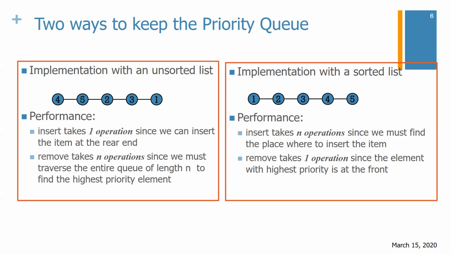Why? Because when we remove elements from the list, we remove directly from the front without any traverse. We will remove the highest priority.